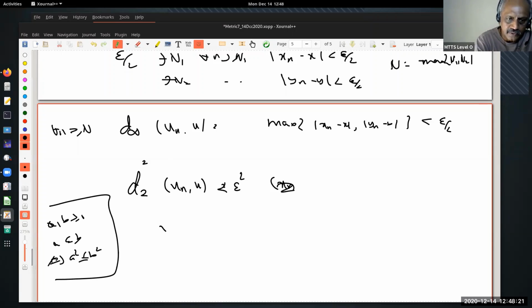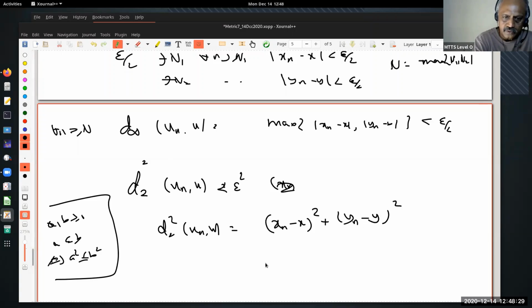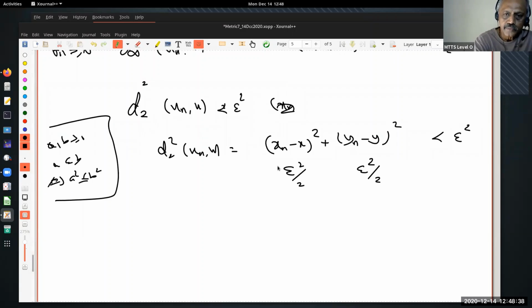What is D2 squared of u_n and u? This is (x_n minus x) whole squared plus (y_n minus y) whole squared. I want this to be less than epsilon squared. So again, I can make this epsilon squared by 2, epsilon squared by 2, right? How do I make it?